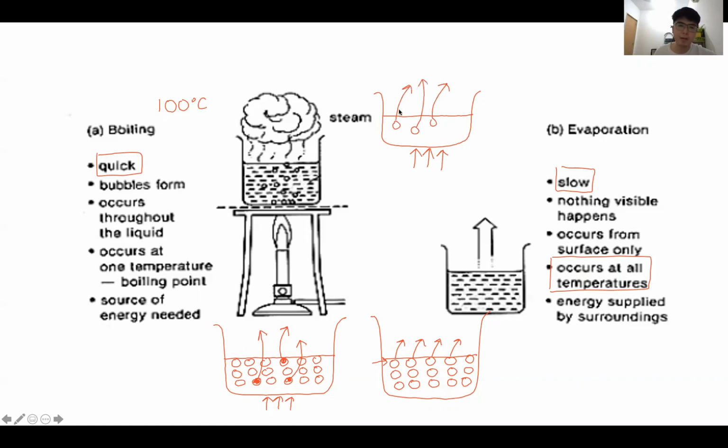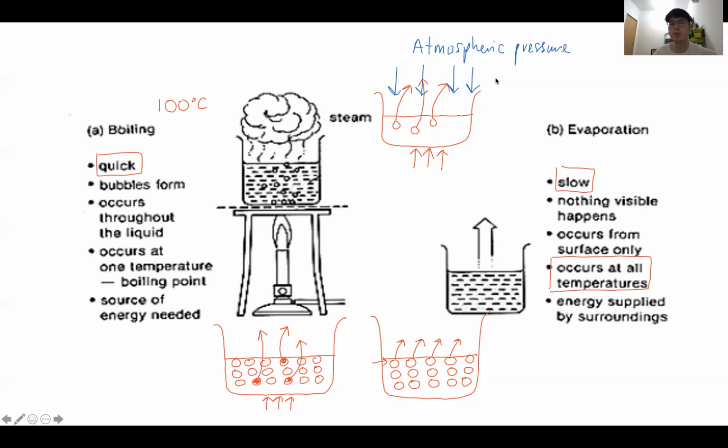There's something preventing the particles from jumping out. What is it? It is the pressure that is preventing the particles from coming out. What pressure? Atmospheric pressure.